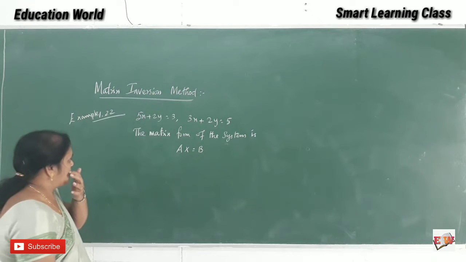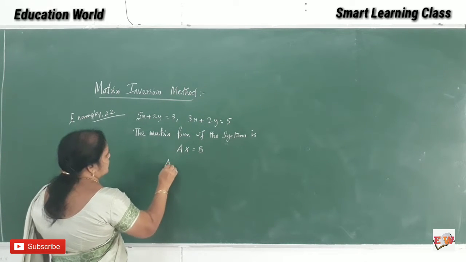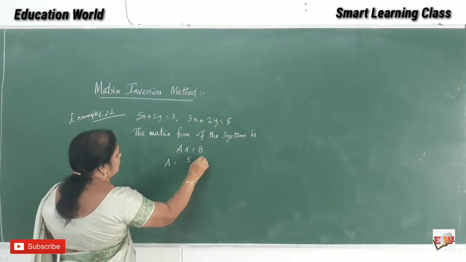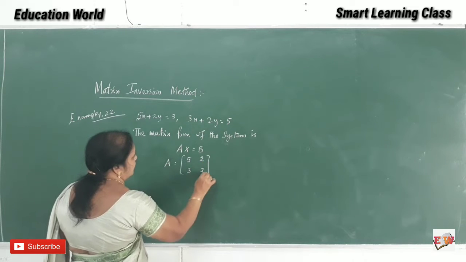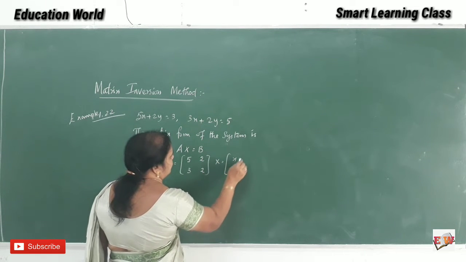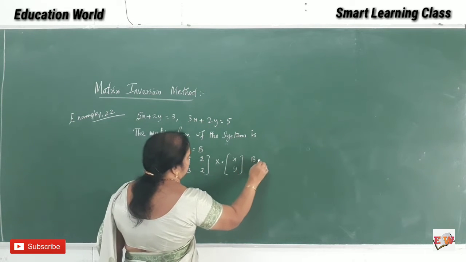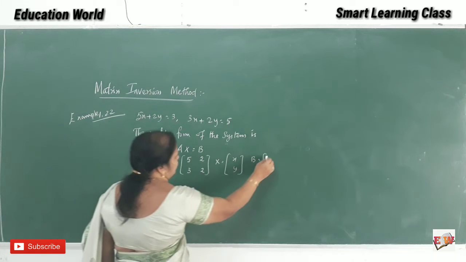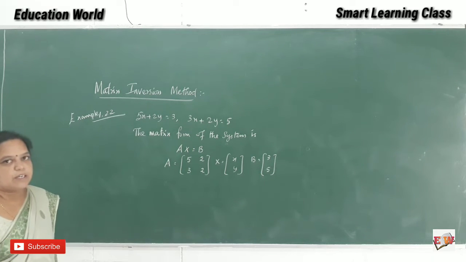For that, the given system can be written with A equal to [5, 2; 3, 2], X equal to [x, y], because they have given x and y, and B equal to [3, 5].